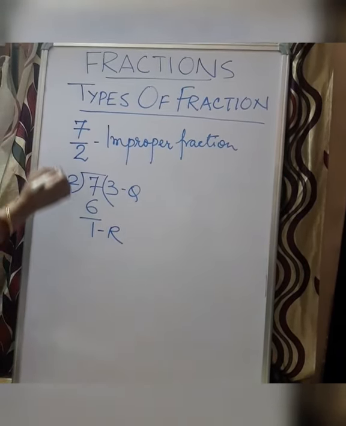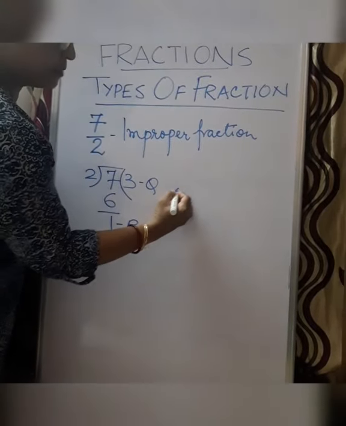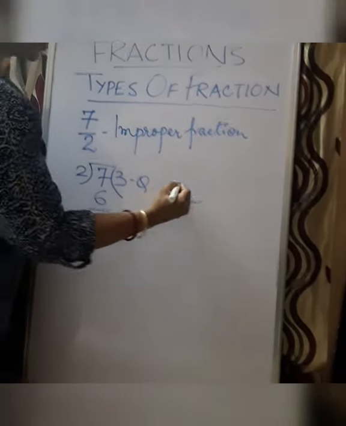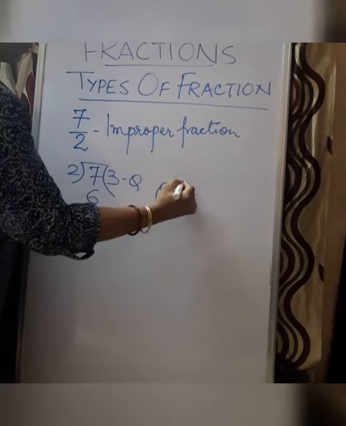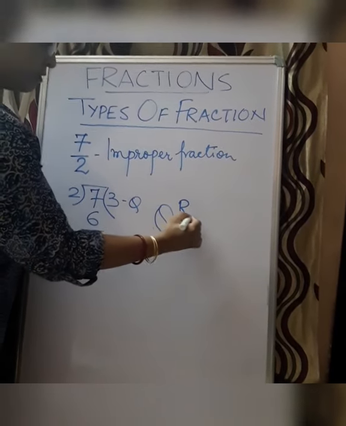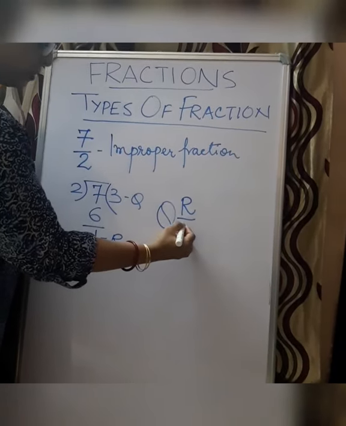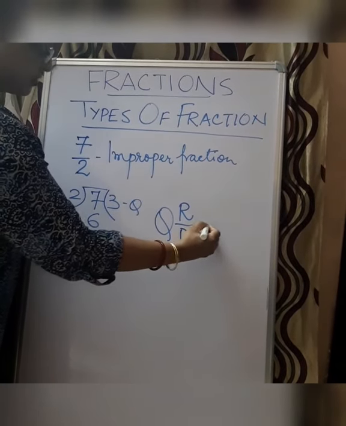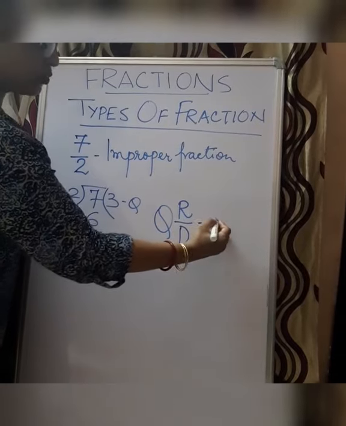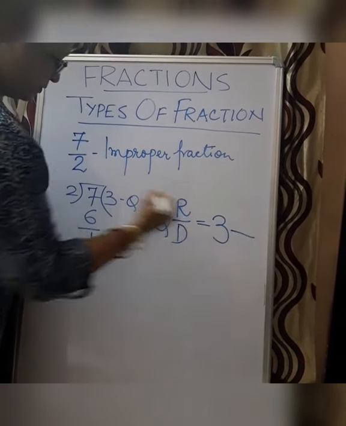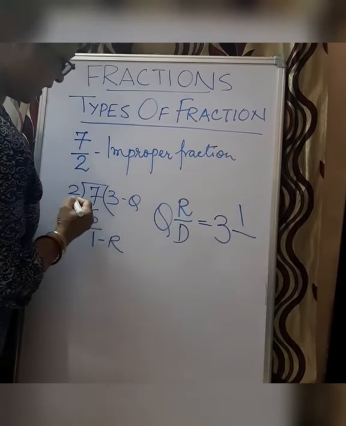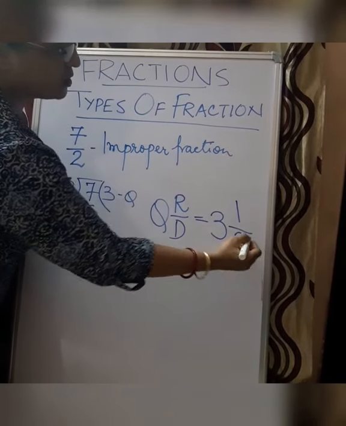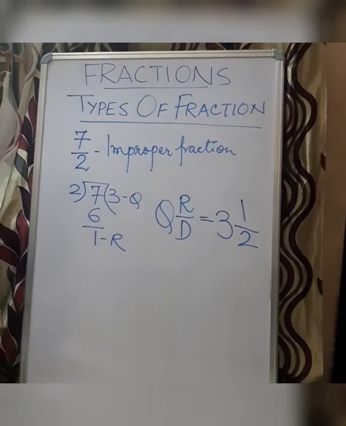So after dividing, we write the mixed fraction like this. The quotient is the whole number, the remainder will be the numerator, and the denominator remains the same always. So the quotient is 3, the remainder is 1, and the divisor, or the denominator, is 2.